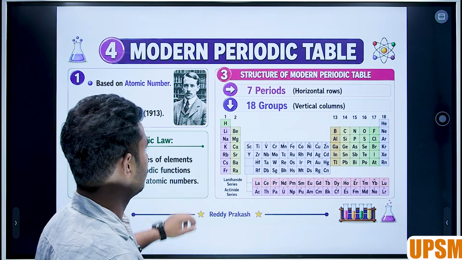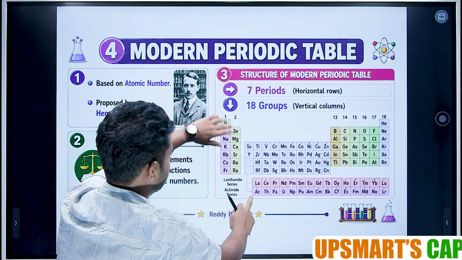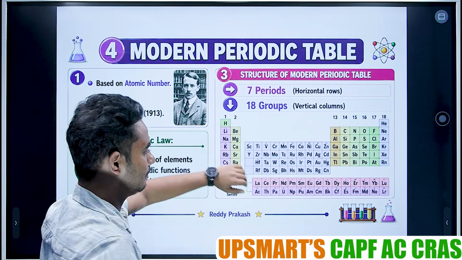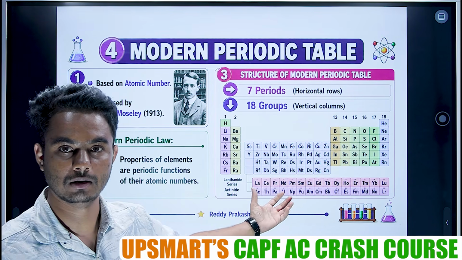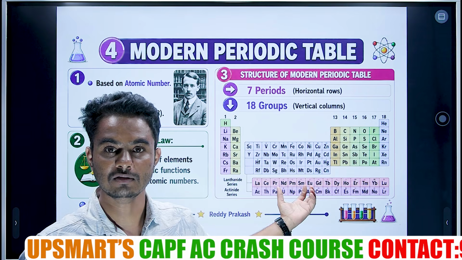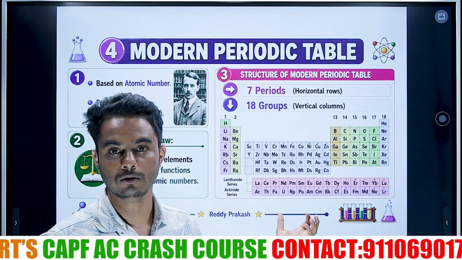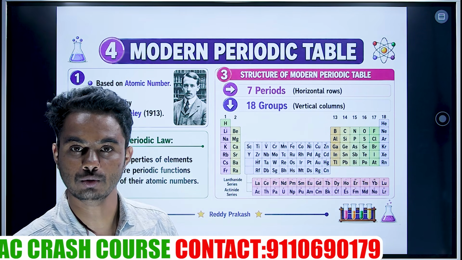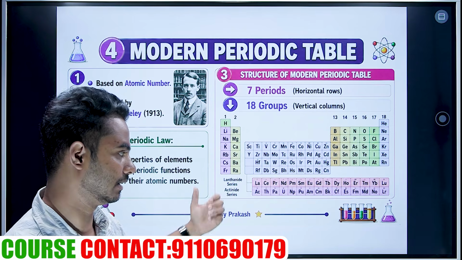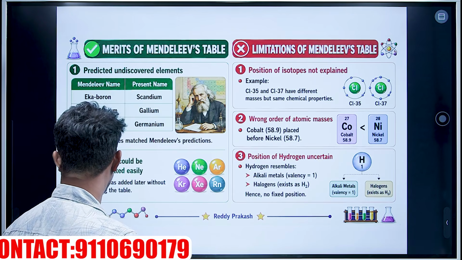This is a modern periodic table. I hope you can see this. If you're not able to see this, kindly set your quality to 1080p so that it will be very clear.